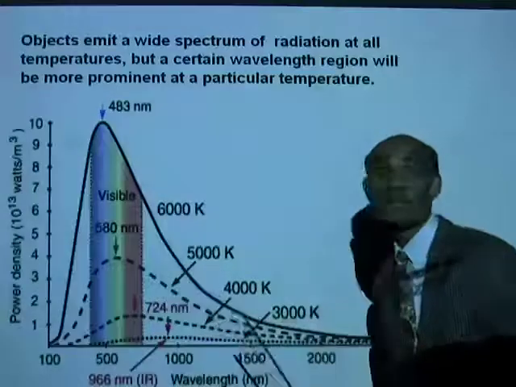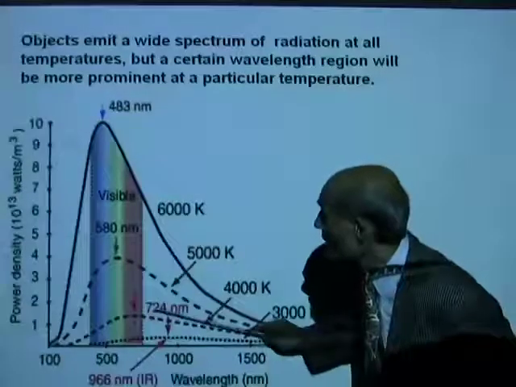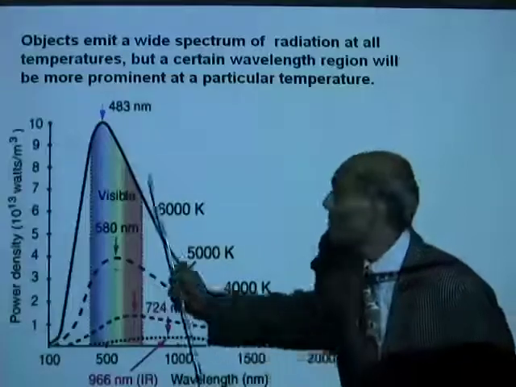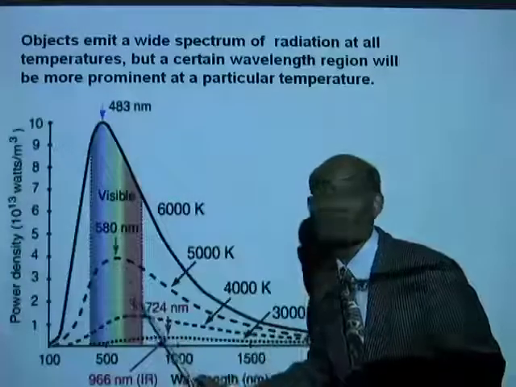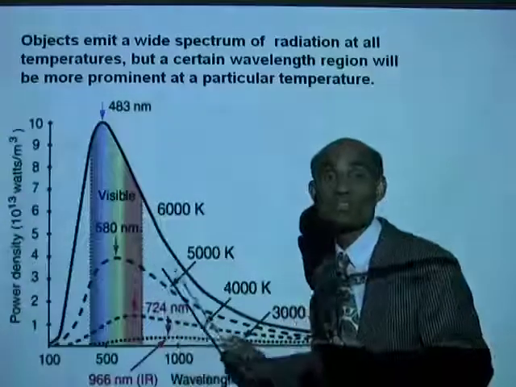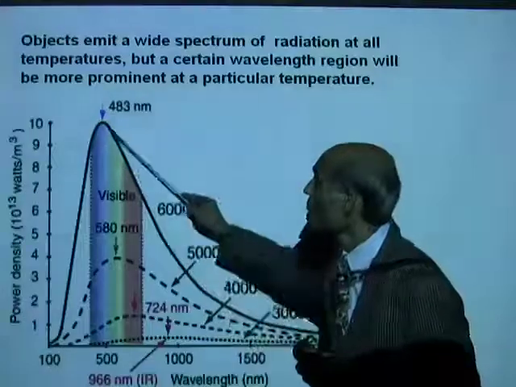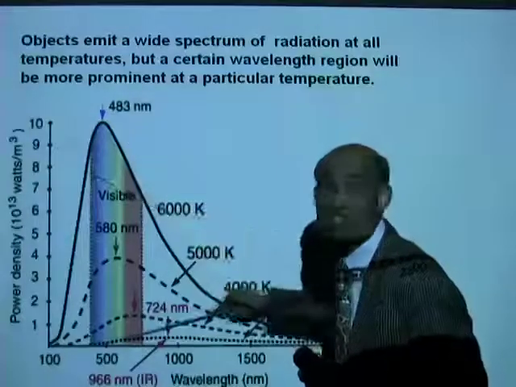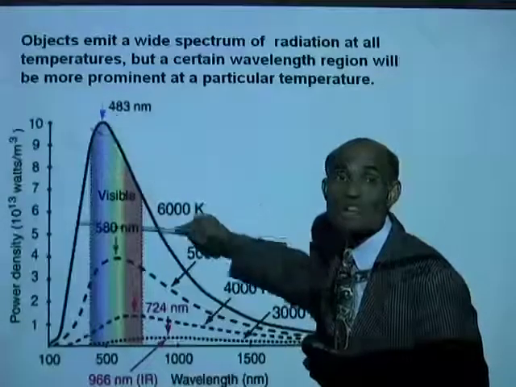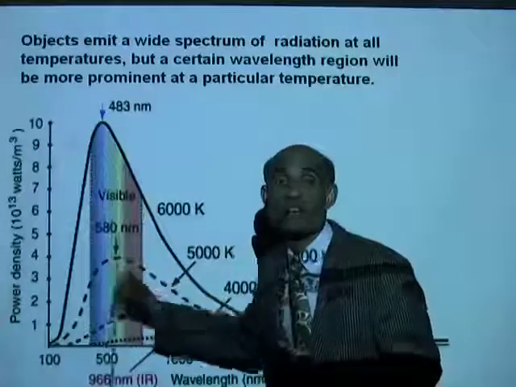Now, this picture illustrates that phenomenon. As you increase the temperature, the bump on the graph represents the most prominent radiation. At 6,000 Kelvin, the most prominent radiation is the visible light, represented by these different colors.